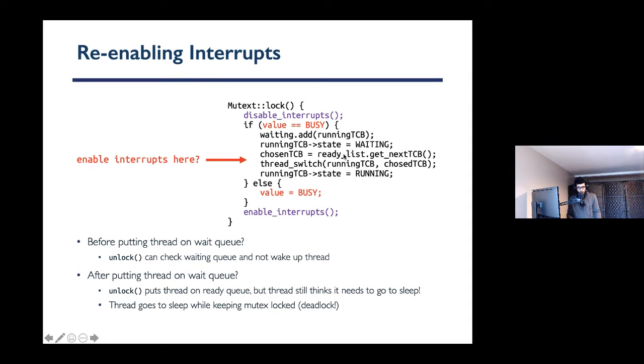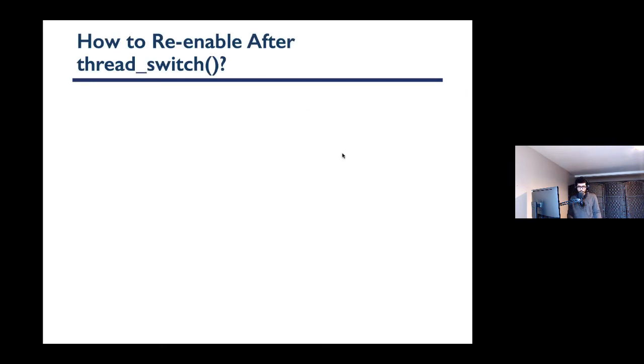So then what should I do? Where should I enable interrupts if I'm going to go to sleep? The answer to that question is you should enable interrupts by someone else, not yourself. So we'll make this an invariant in our implementation. So what is that invariant?